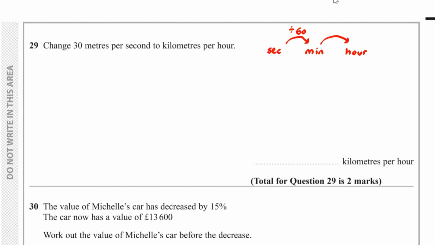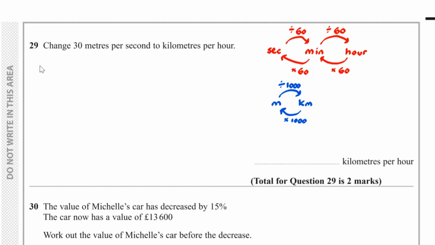Minutes to hours, I divide by 60. Hours to minutes, I times by 60. Minutes to seconds, I times by 60. And to go from meters to kilometers, we divide by 1000. Kilometers to meters, we times by 1000.